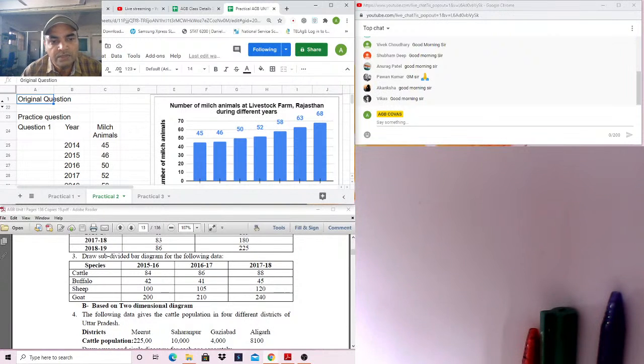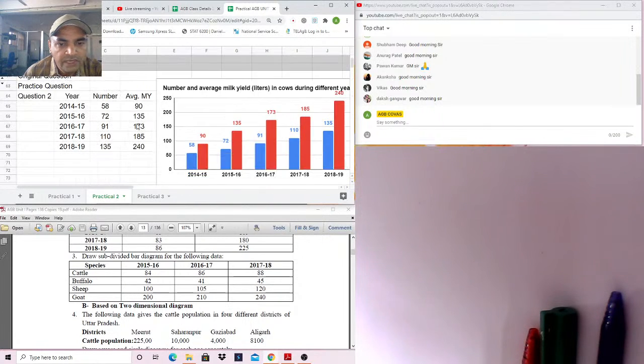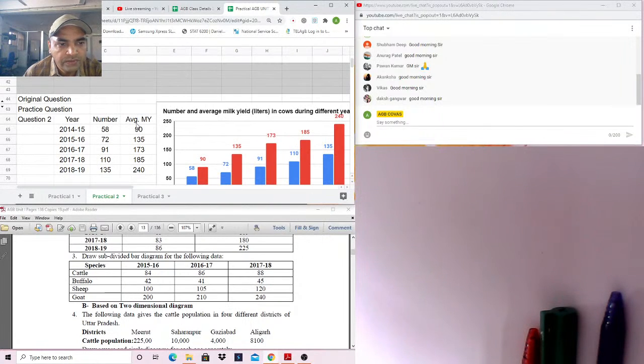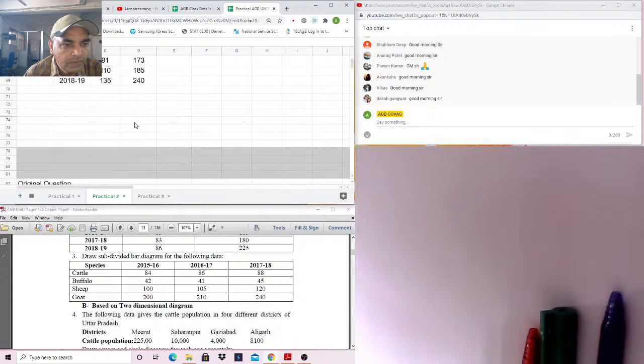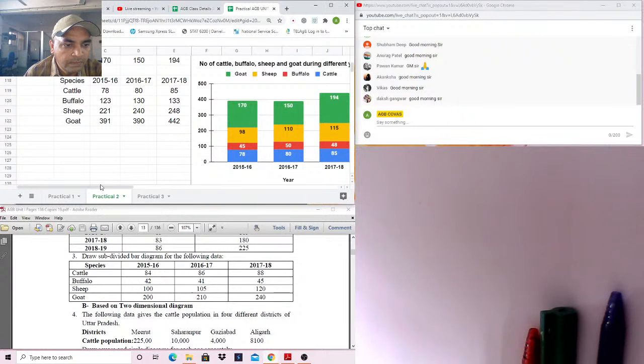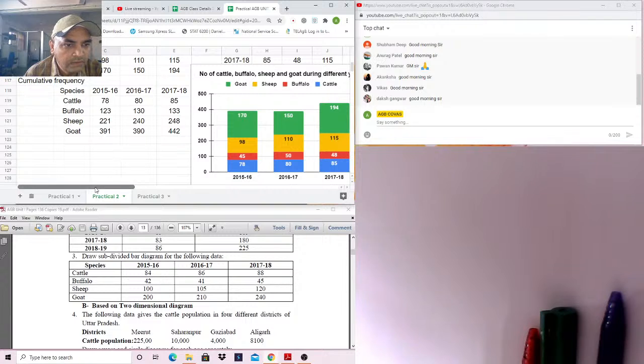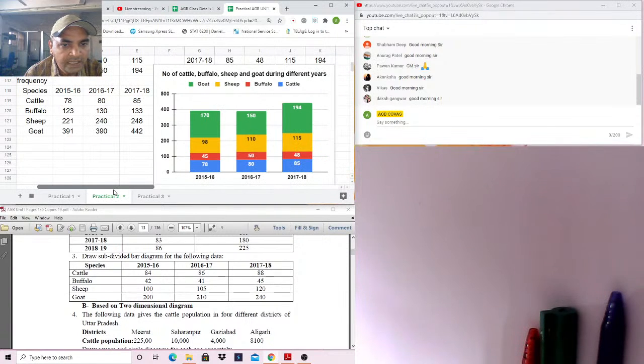That is question number 3 of your practical 2. Okay. So let us start from that. This first question we have already covered. This second question also we have covered already. Then this was the question we were taking up at that time. In this question, for practice I have changed it a little bit. In this, the species cattle, buffalo, sheep and goat are there.